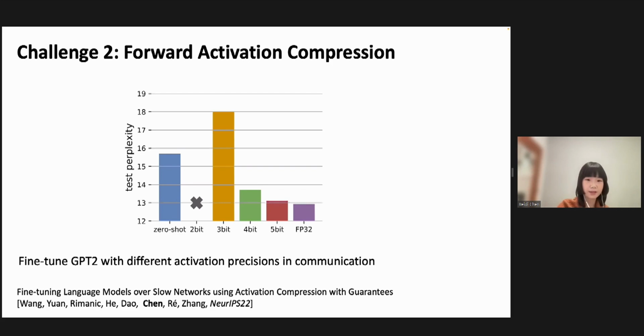And empirically, this approach leads to suboptimal quality under relatively aggressive compression on many models, as we illustrate in this plot. If we do that in fine-tuning, sometimes it's worse than the zero-shot results. So here's an example of fine-tuning GPT-2 with different activation precisions in the communication.